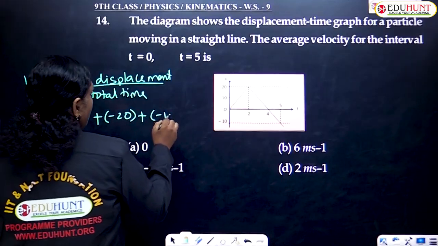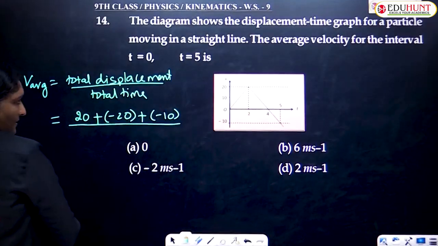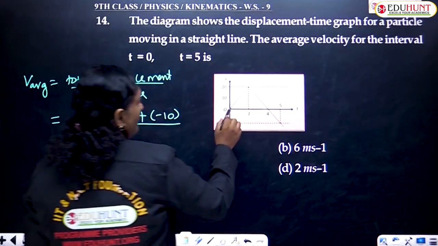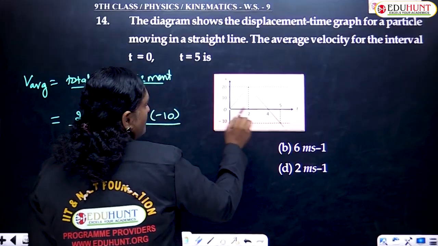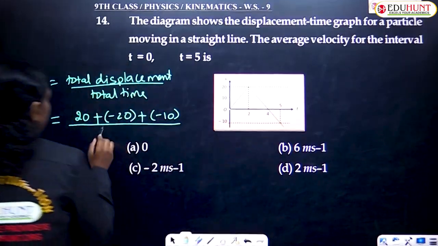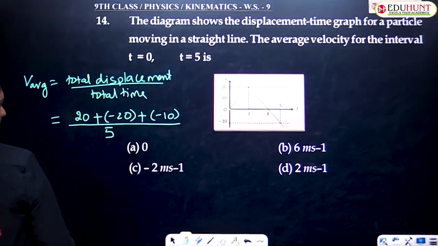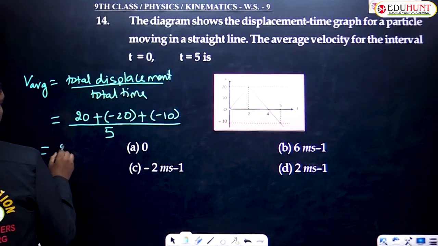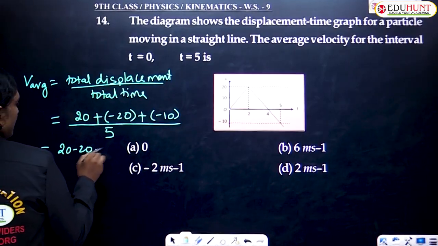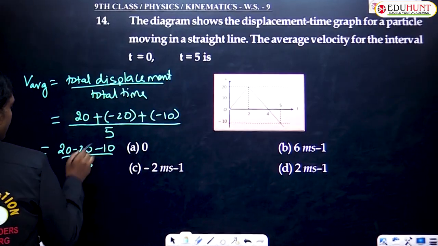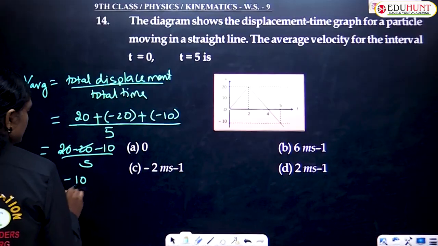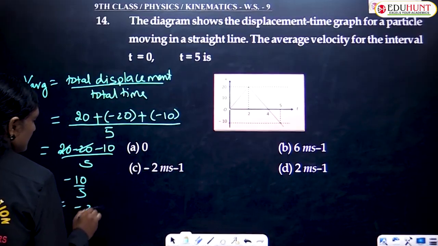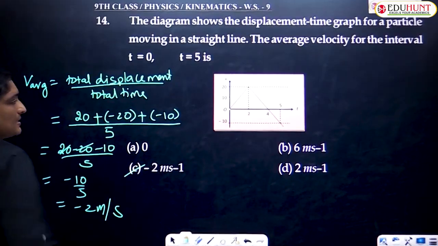Upon total time taken: 0 to 2, 2 to 4, 4 to 5, totally 5 seconds. So the answer is 20 minus 20 minus 10 by 5, which is minus 10 by 5. Hence your answer is minus 2 meter per second.